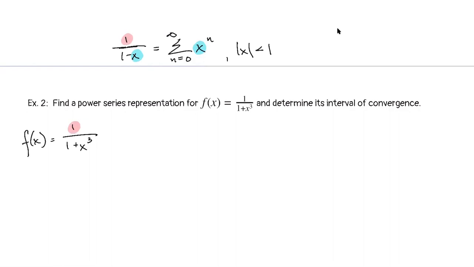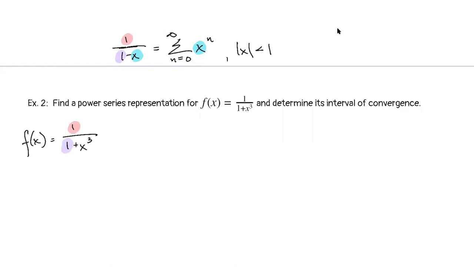If only I could change the denominator to 1 minus something instead of 1 plus something, my life would be much easier, because then I can just do a substitution.